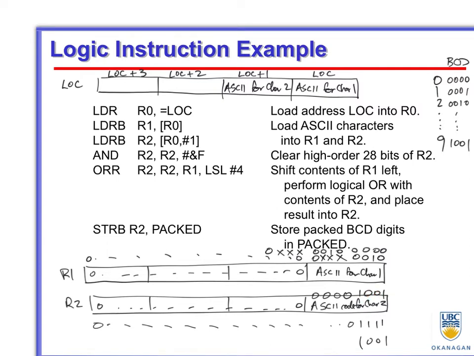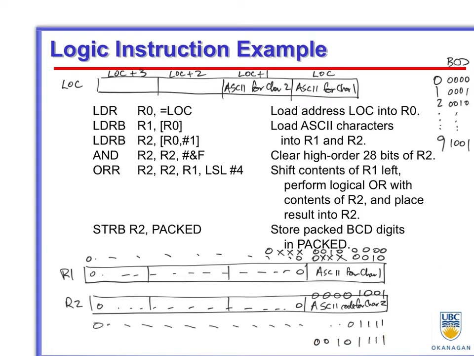So we're going to end up with 1, 1, 1, 1, and then the 0, 0, 1, 0 up here ORed with this gives us 0, 0, 1, 0. We're going to end up with that in the lowest byte, and that's going to get put back into R2. So then this is what we've got in the lowest byte of R2.